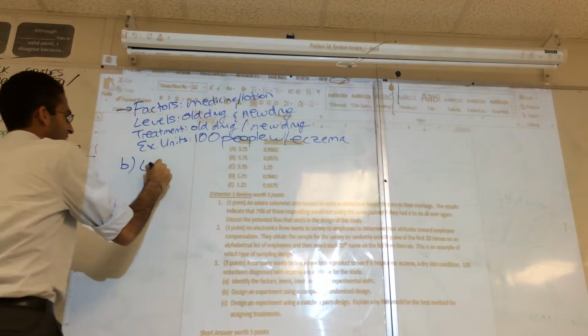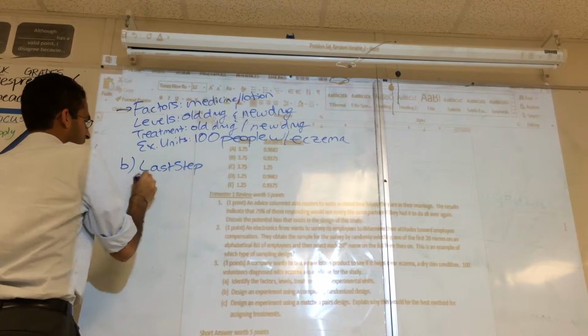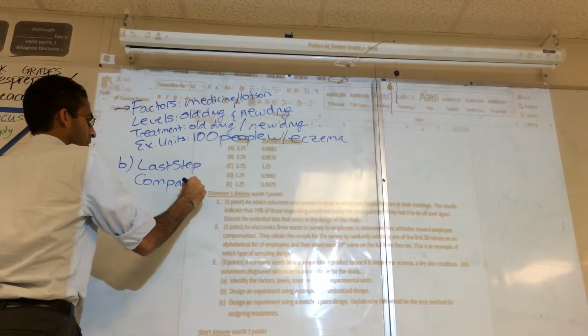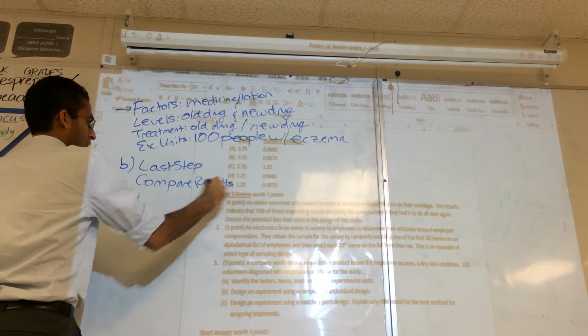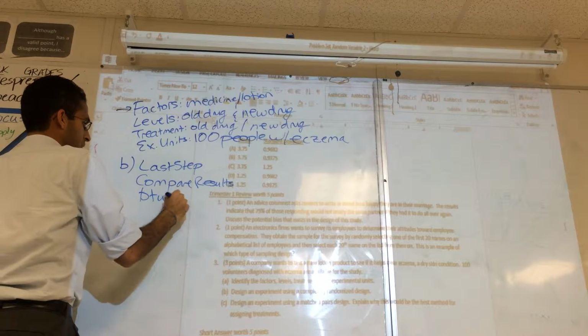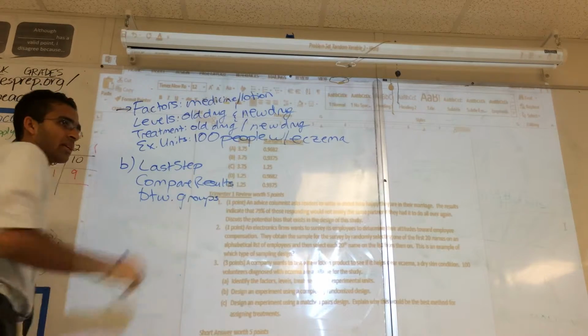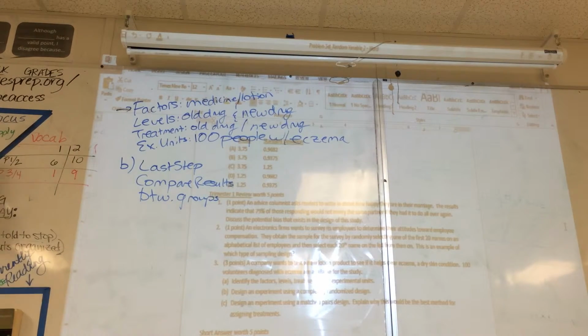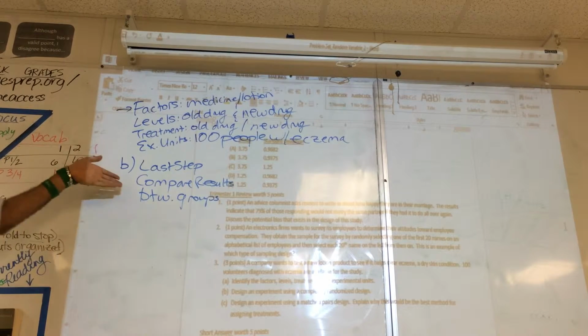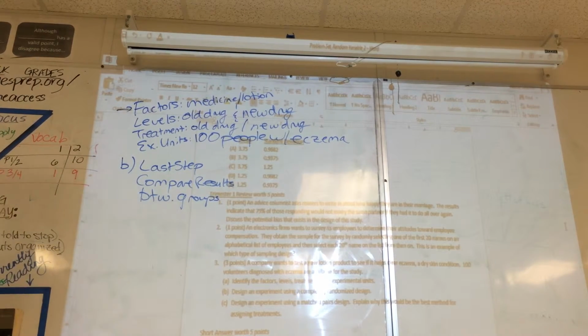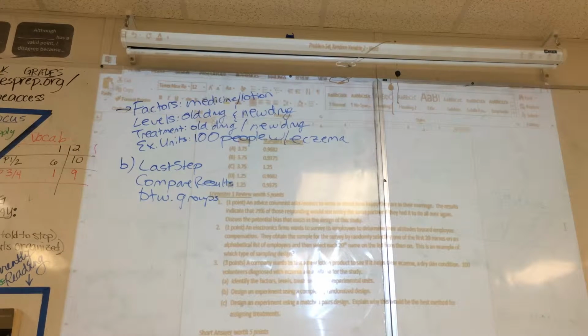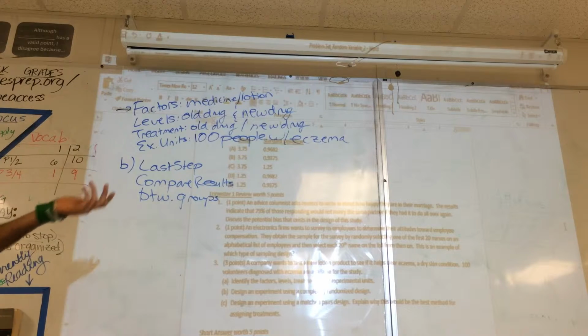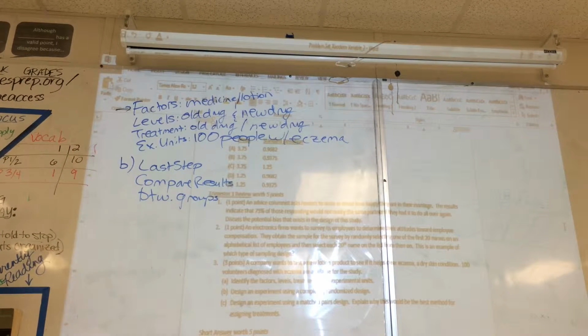So the last step is compare the results between the groups. Please make sure you include that on the exam. If there's a free response question that's like design an experiment, the last step is let's compare the results between the groups. That's all. I think I didn't specify that before, but you definitely want to compare. That's the whole point of doing the experiment, is you're comparing.